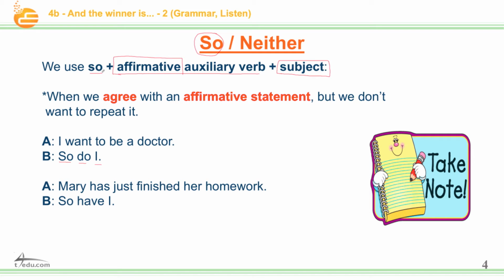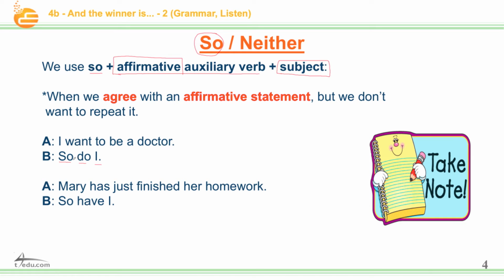So, this is the structure: affirmative auxiliary verb, do, not don't, then the subject, I. And we said, when we agree with an affirmative statement but we don't want to repeat it, like this one: I want to be a doctor.